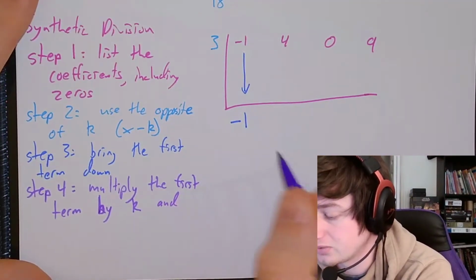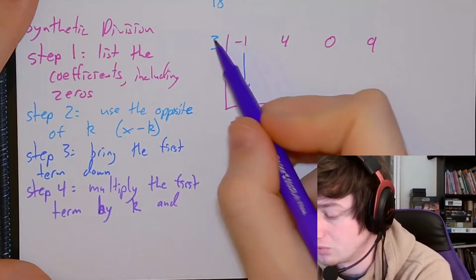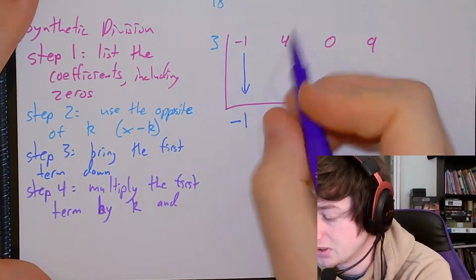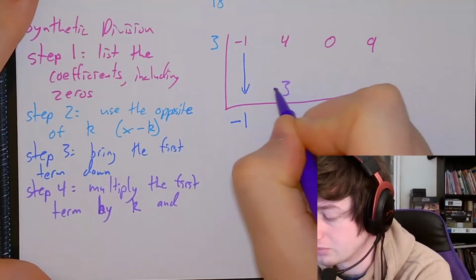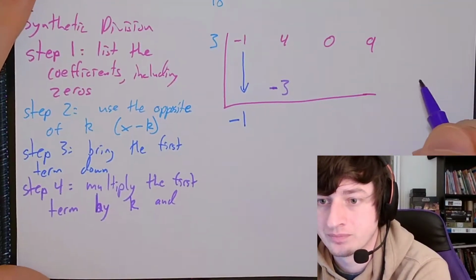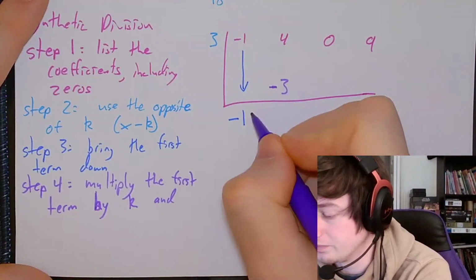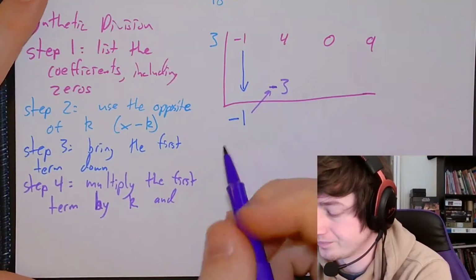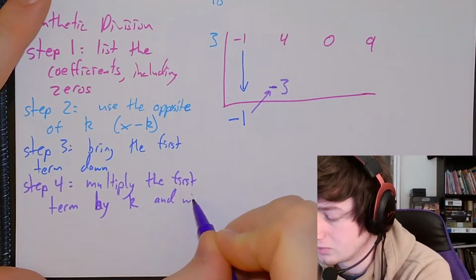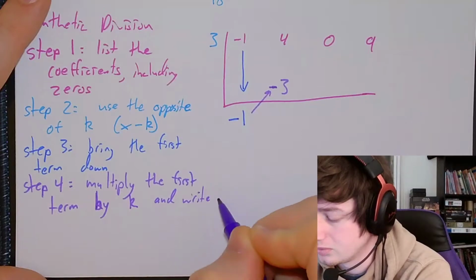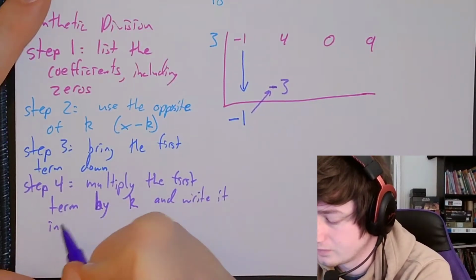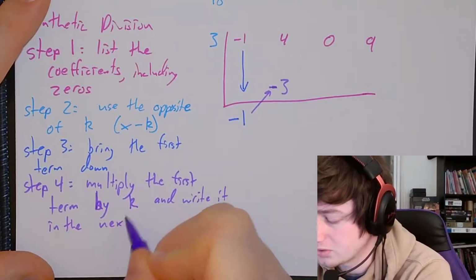We're going to write it here. So we're going to multiply 3 times -1 and we're going to get -3. We're going this way. Write it in the next column.